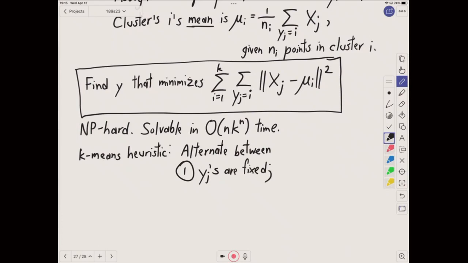And while I'm holding y fixed, I'm going to minimize this expression, but I'm only allowed to change the mu_i's. So we can update the mu_i's.